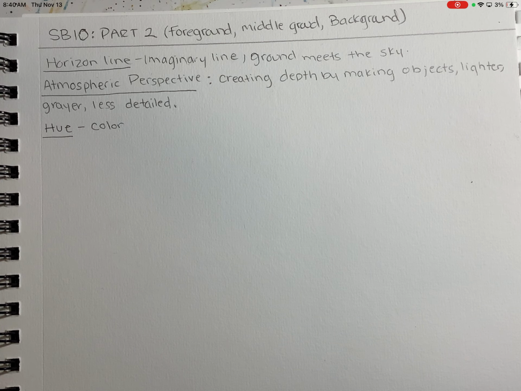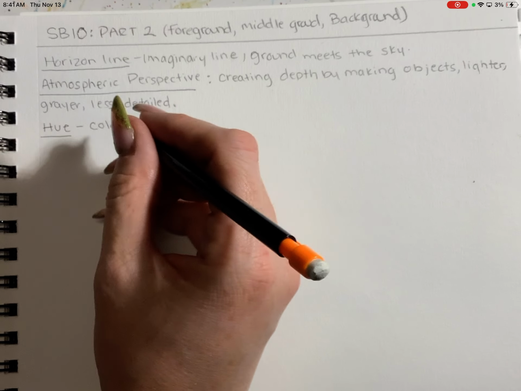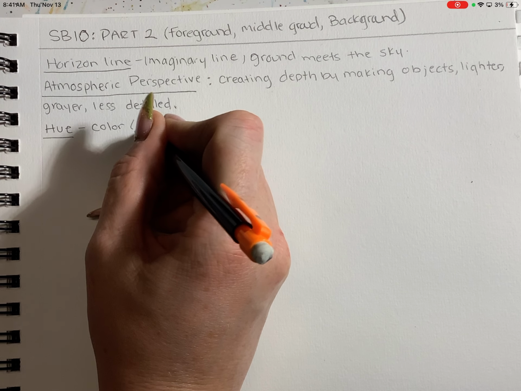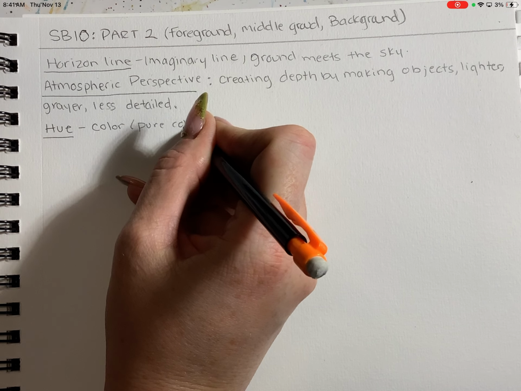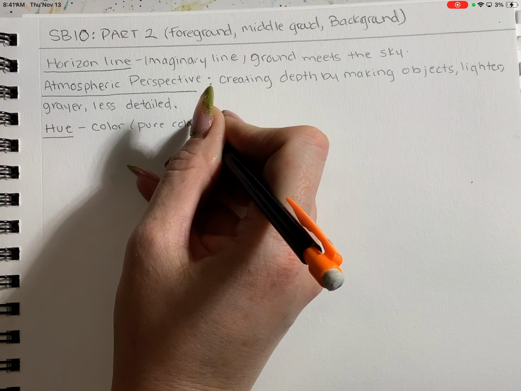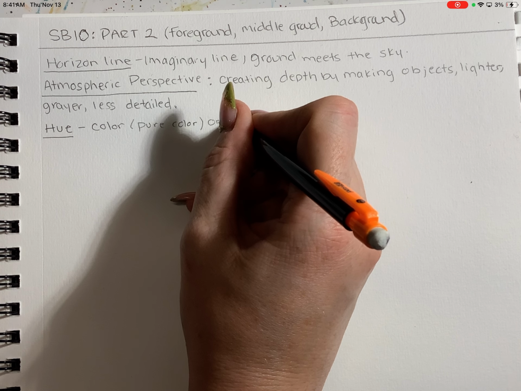So maroon is like a red hue. Or a red shade. Or we can put pure color. So this is a color you can find on the color wheel.